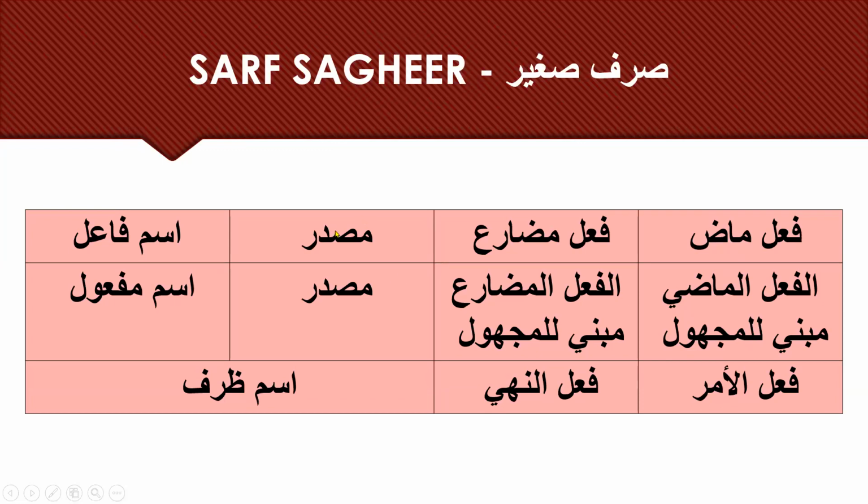And see here, 1, the masdar, 2, 3, and 4. Four nouns that we are going to learn, inshallah: masdar, ism fa'il, ism maf'ul, and ism zarf. These four are ism, and six are fi'l, that are put into one template of Sarf Sagir. This is how we are going to form thousands of words, inshallah, alhamdulillah.